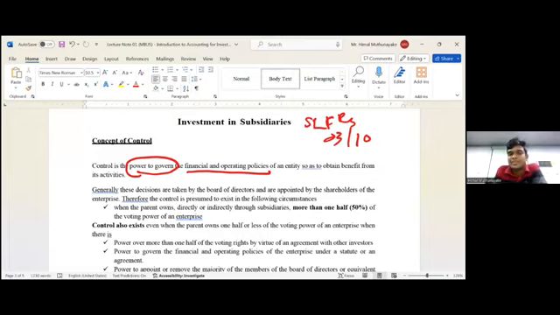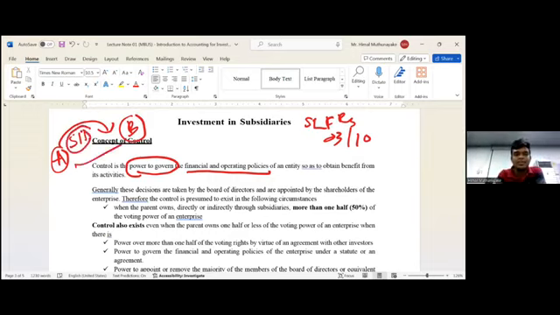So that means, let's say I'm company A and I'm going to acquire company B. I'm acquiring 51% of the shares of company B. So then I can control company B, right? Is the first point clear? Yes?